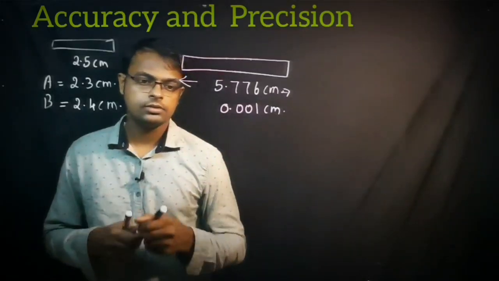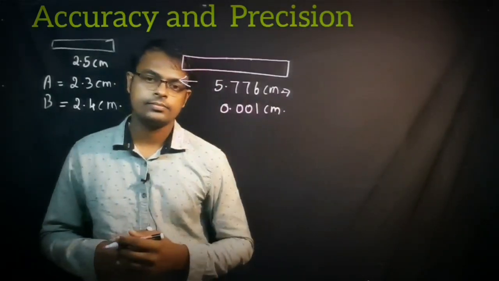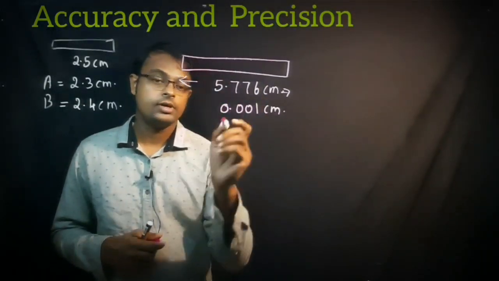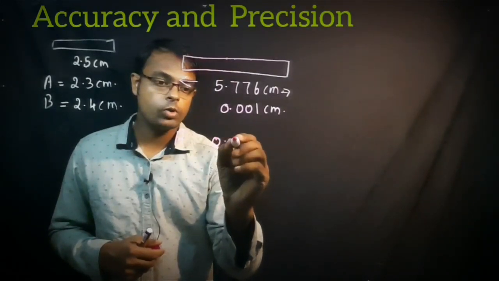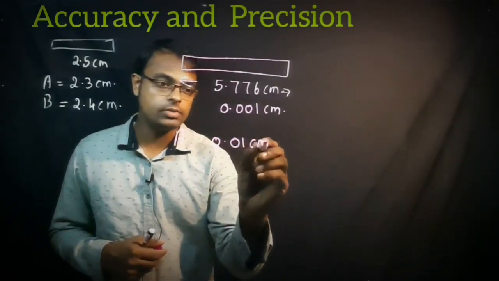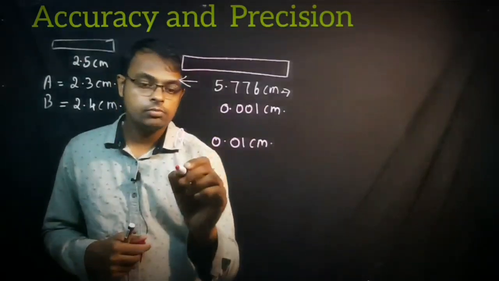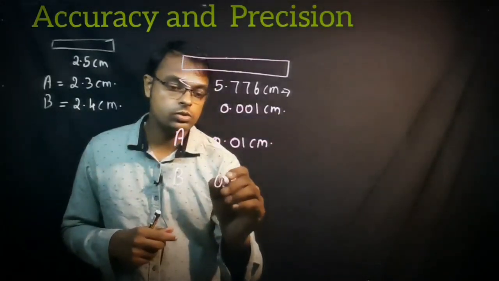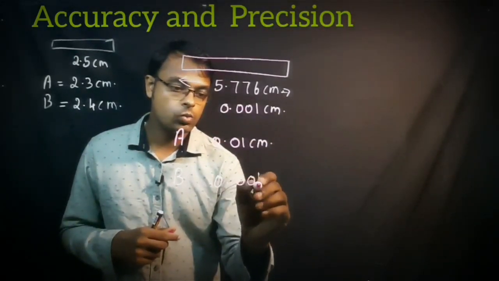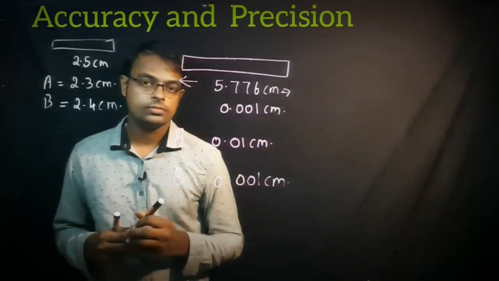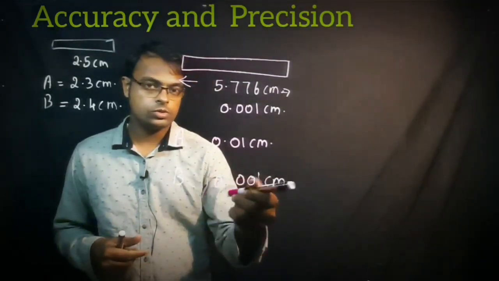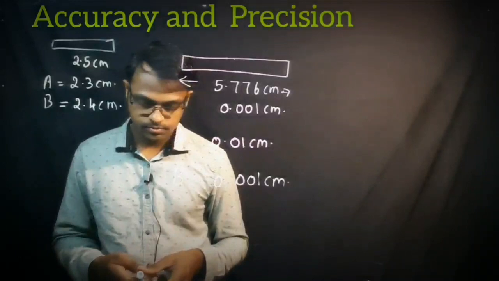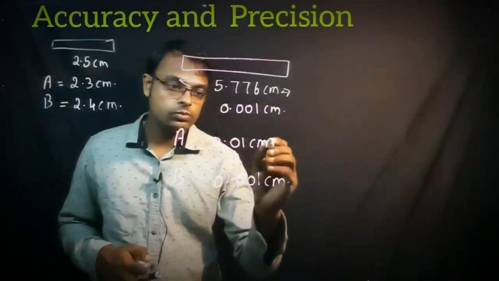Now just imagine student A is measuring the same object with an instrument having least count 0.01 centimeter. Student B is measuring with an instrument having least count equal to 0.001 centimeter, and they got the values.